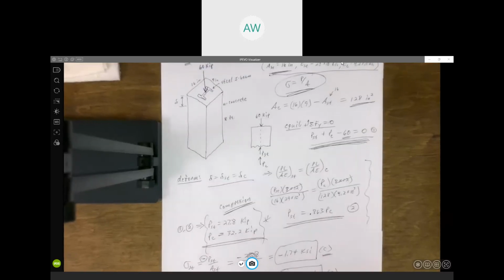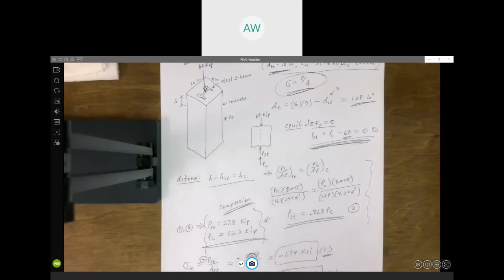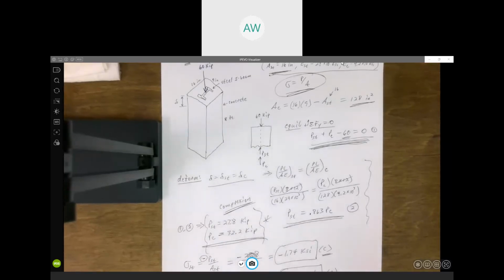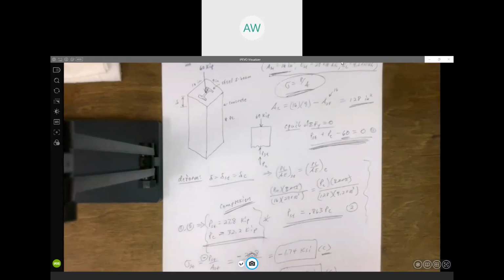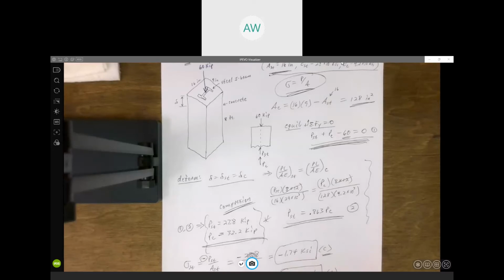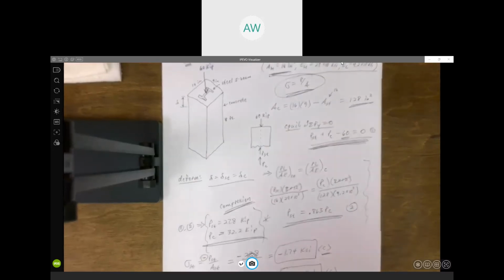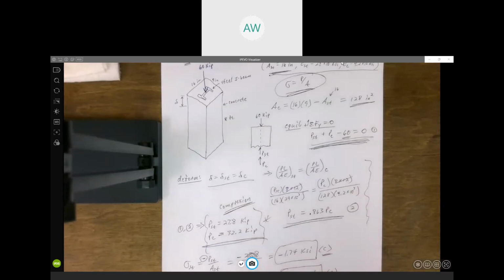But if that compressive force doesn't act straight through the centroid, or you have a member that's not just being compressed, and again, we haven't got to bending yet, but when you bend something, part of that member is in tension and part is in compression. And concrete is really good in compression, with almost non-existent strength in tension. It just doesn't take tension.